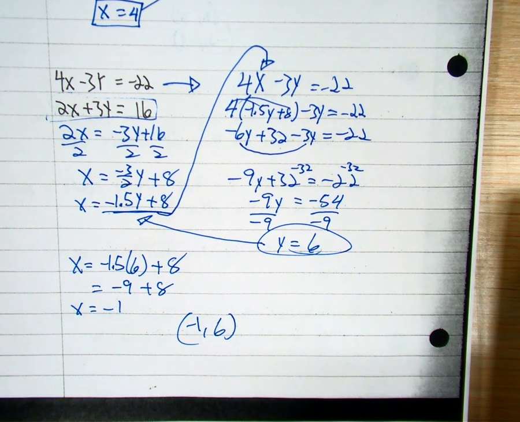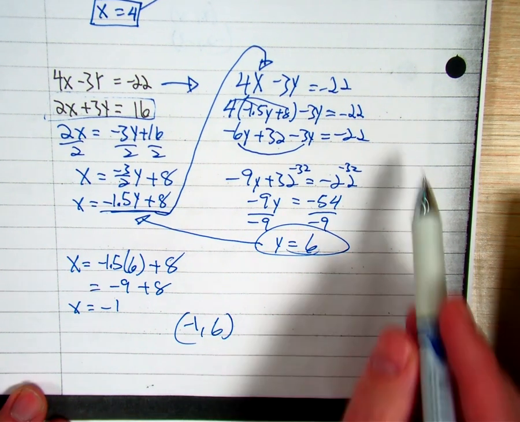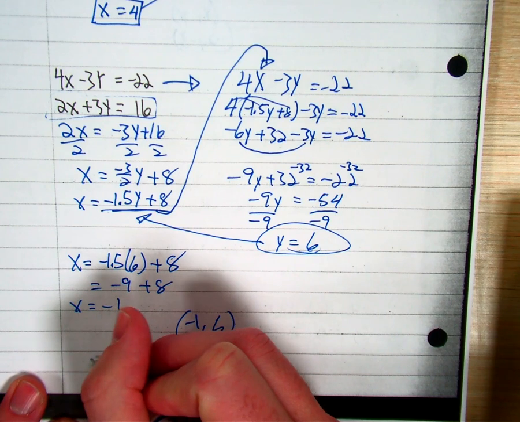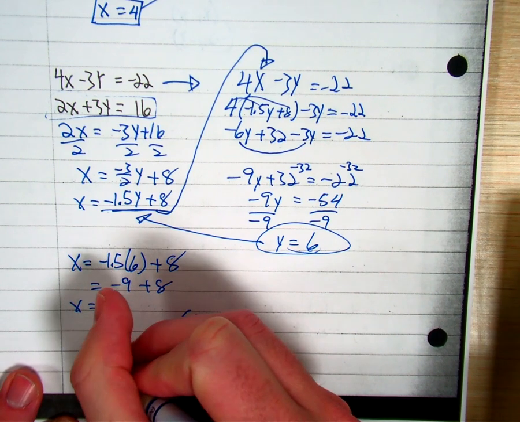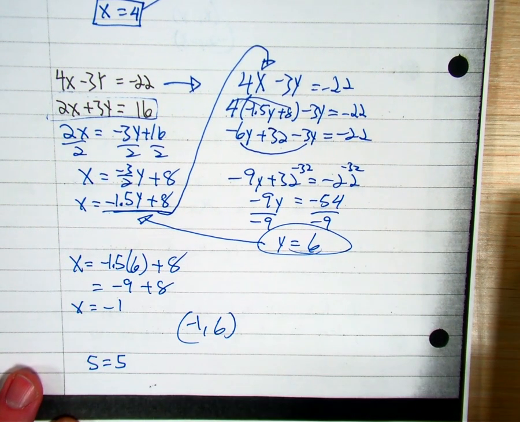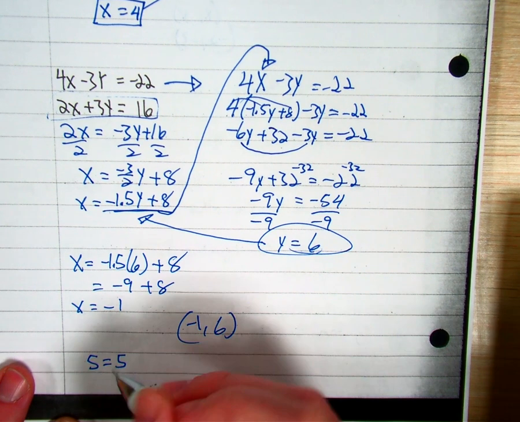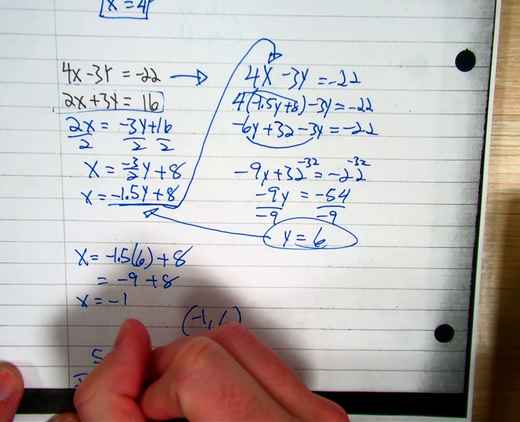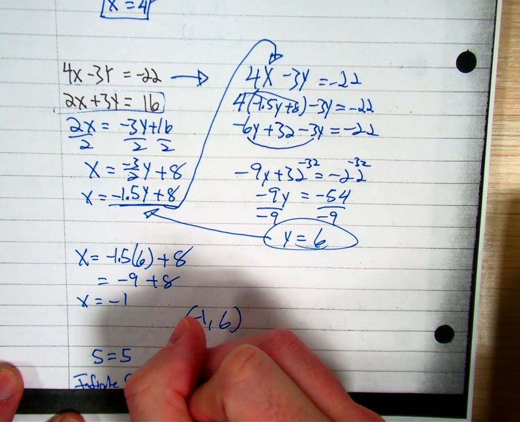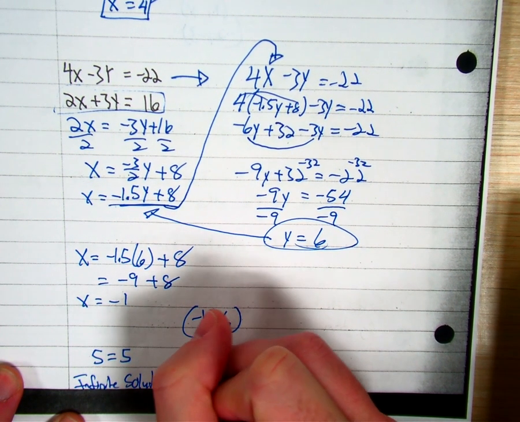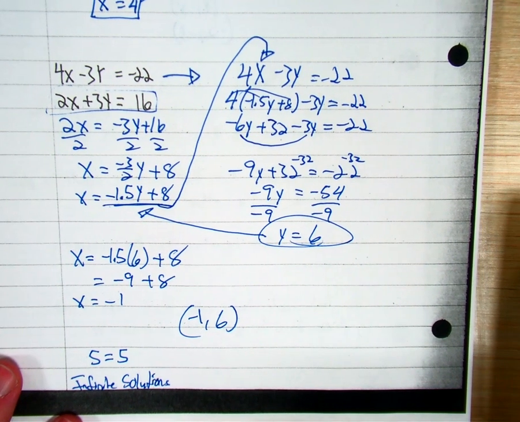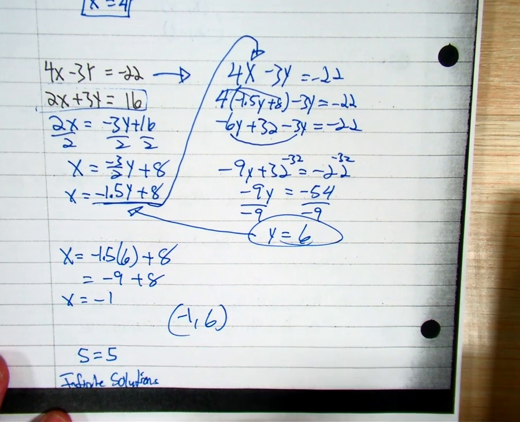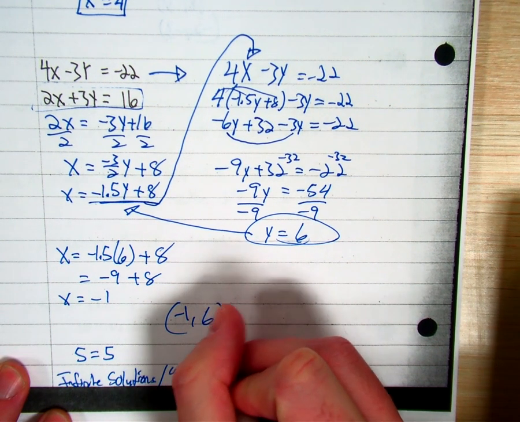Okay, if you're going about your business here and at some point all the letters cancel out at the same time, and you're left with something that's true, like 5 equals 5, then that would be a situation where there are infinite solutions. Or what did we call that yesterday? Dependent, consistent and dependent.